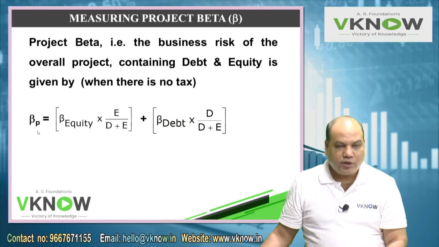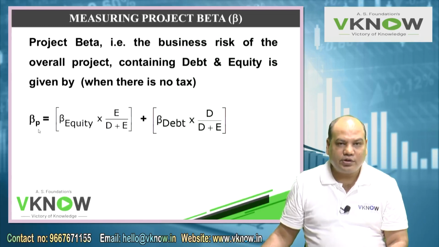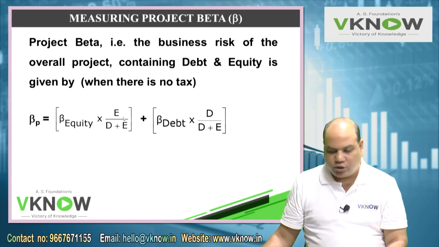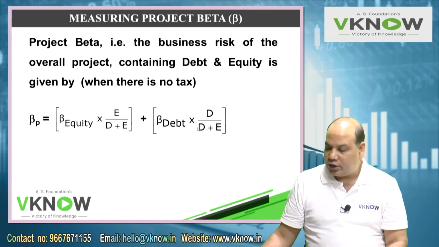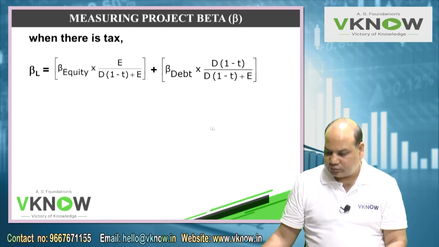So what is the formula for project beta when there is no taxation, financed by debt and equity? Beta of equity into E upon D plus E, this E upon D plus E is weight of equity, plus beta of debt into D upon D plus E, that is weight of debt.